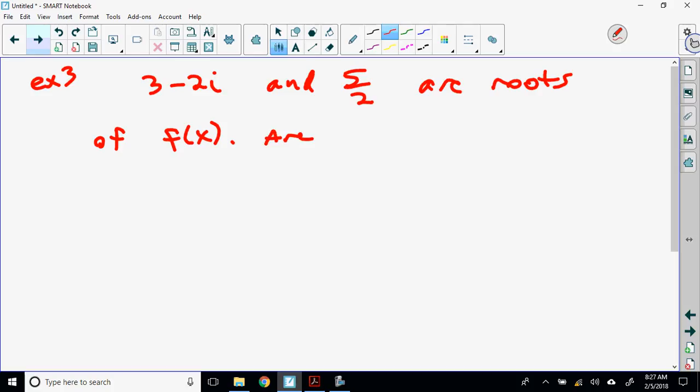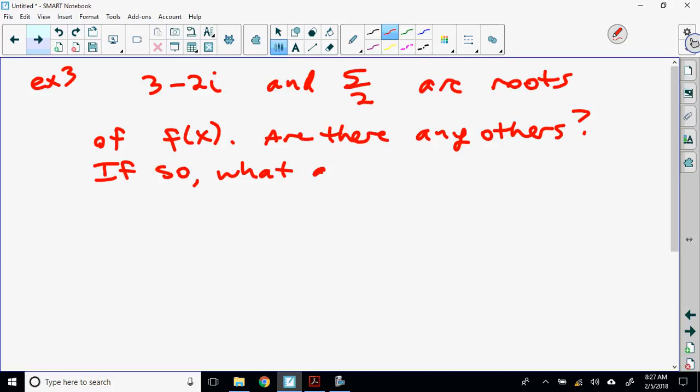Are there any others? If so, what are they? So 3 minus 2i and 5 halves are roots of f of x. Are there any other roots of f of x?